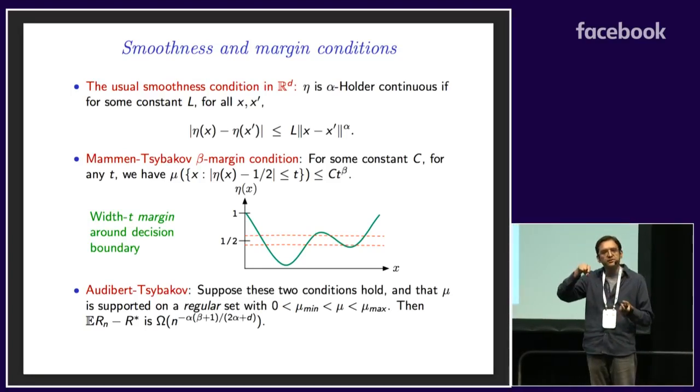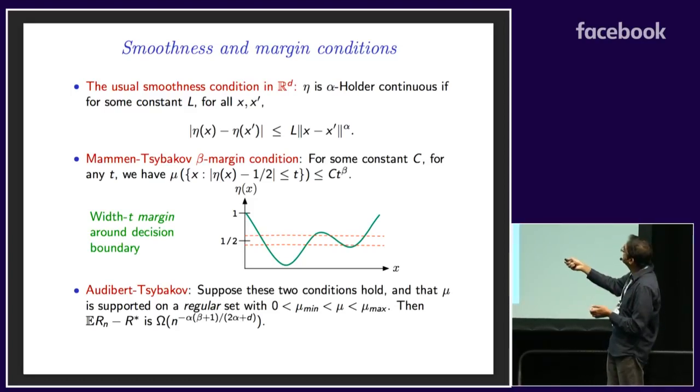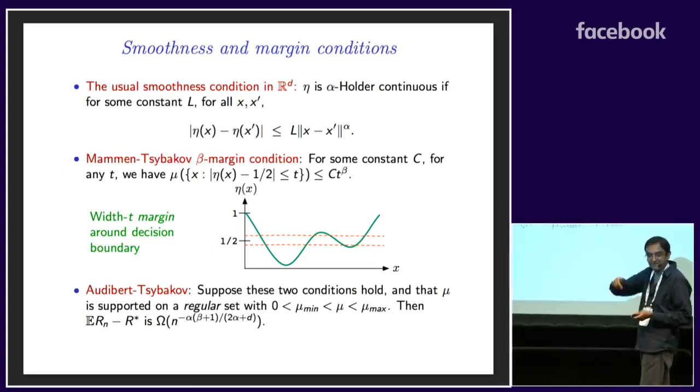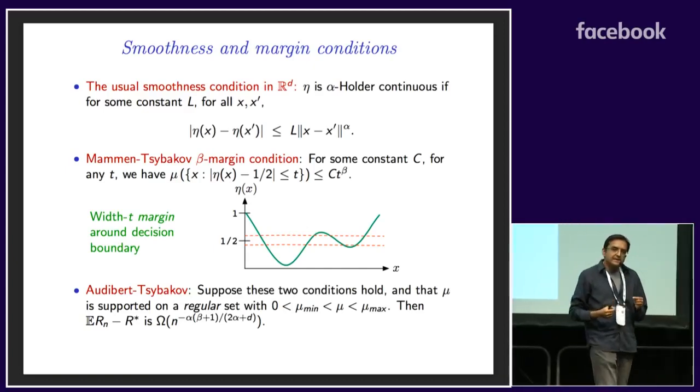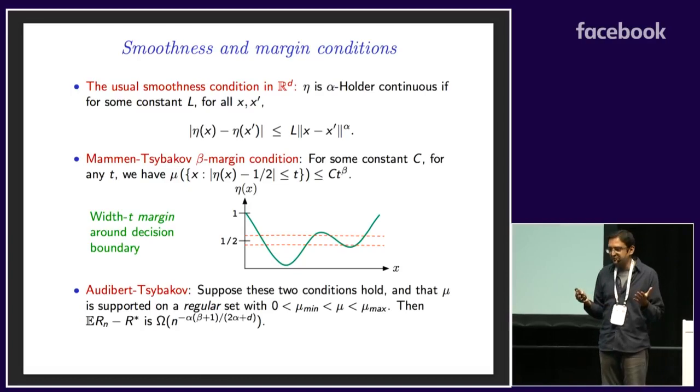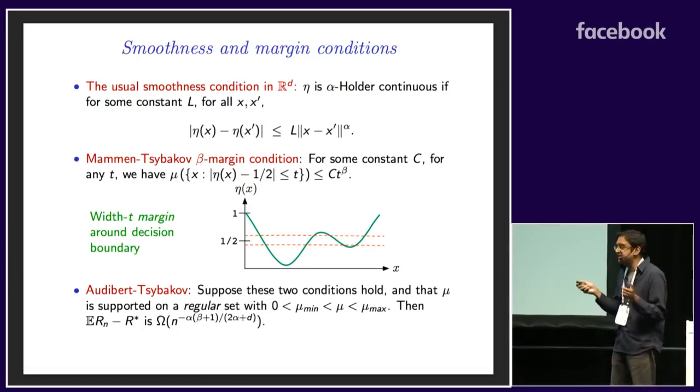You say, oh, it's not just continuous, but it satisfies these kinds of properties. It's Holder continuous. The boundary, the margin has a certain behavior. And these are conditions that were developed in the statistical literature for non-parametrics in general.